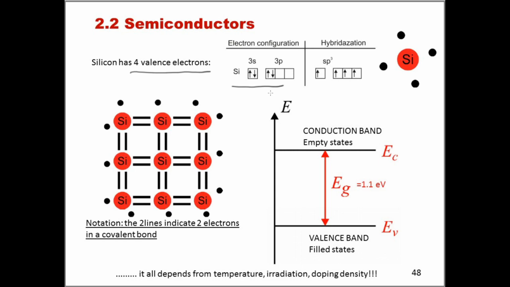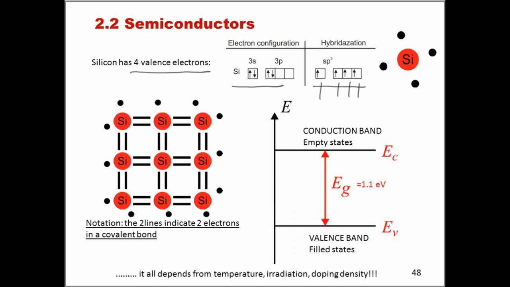But when we put silicon in a crystal lattice, then energetically it is more favorable for silicon to hybridize those orbitals in an sp3 hybridization. In this way, silicon has effectively the capability to create 4 bonds with 4 neighboring atoms, which are other silicon atoms, of course.